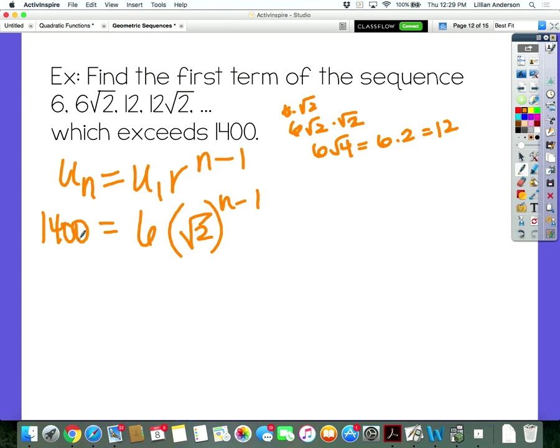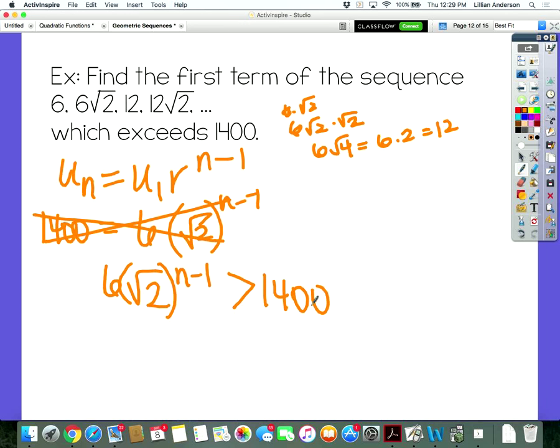So for this, I am going to use my calculator to help me out here. And actually, if you want to be mathematically correct, it's asking when it will exceed 1400, which means you're looking for when it's going to be greater than 1400.